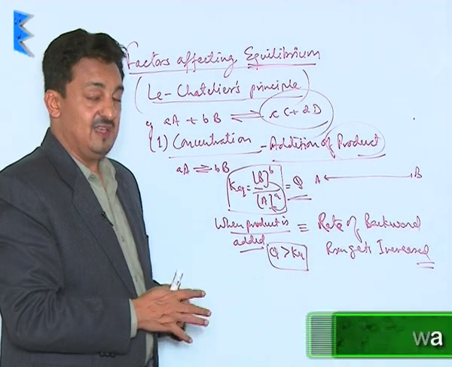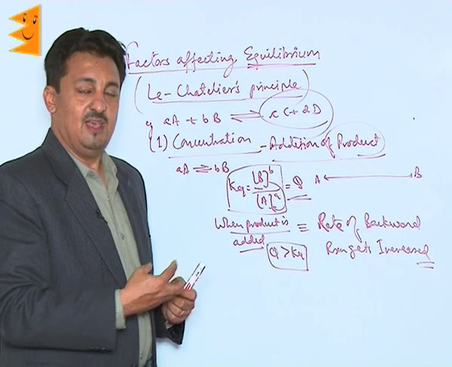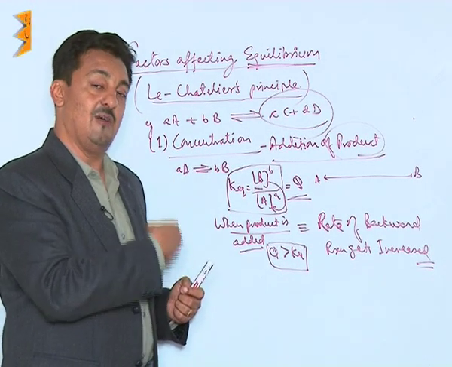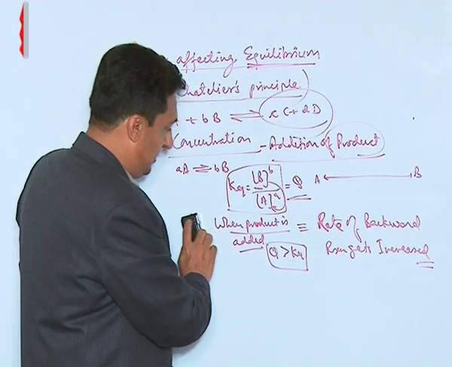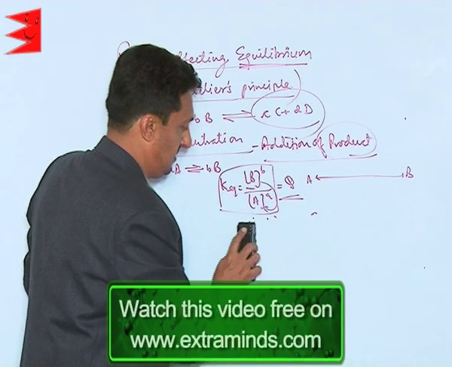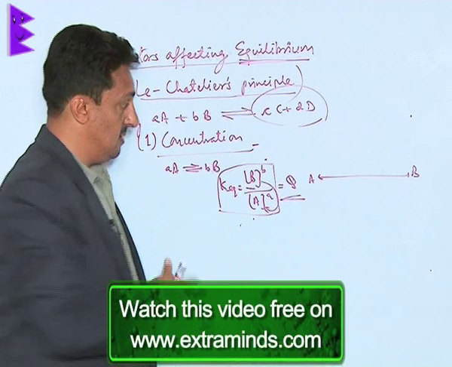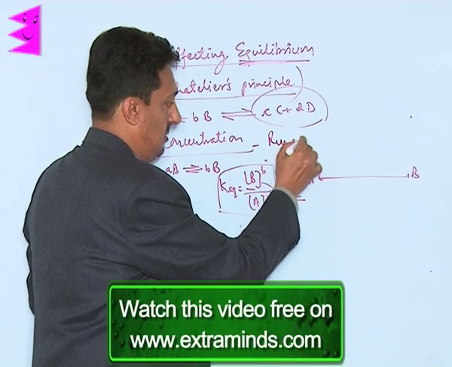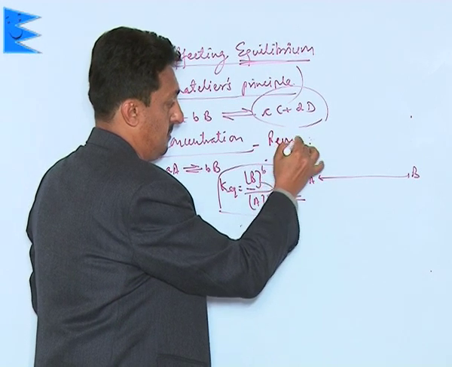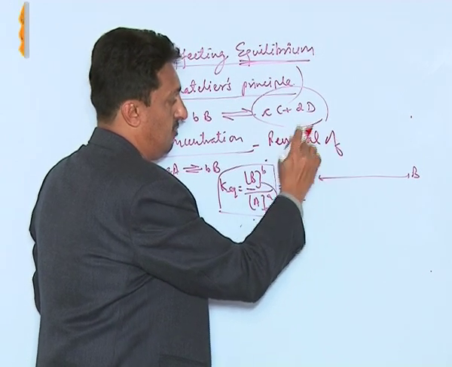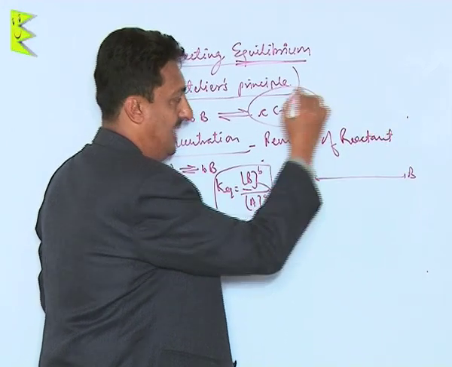Now let us understand if something is removed from the reaction mixture. Again, it will depend on whatever we are removing. If it is a reactant, how does it change? If a product is removed, how will it change? Let us see, in a similar situation, the removal of reactant.